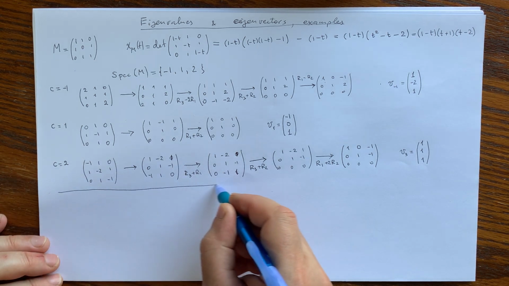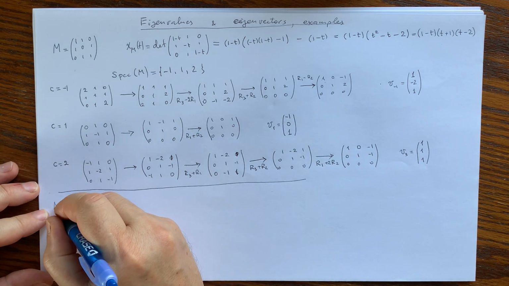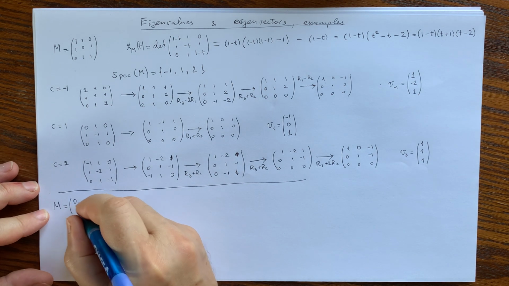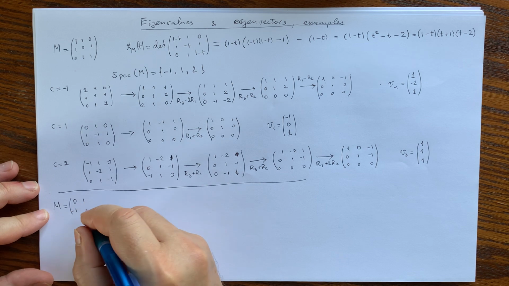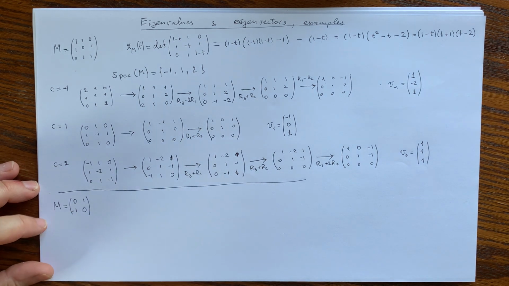Let's now look at another example where we will see that integers or rationals or even real numbers are not enough to find eigenvectors and eigenvalues. Because the characteristic polynomial will have no real roots.